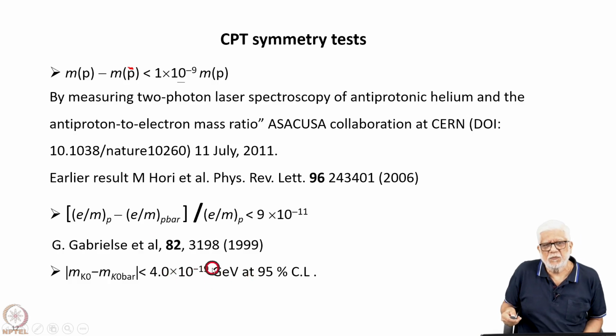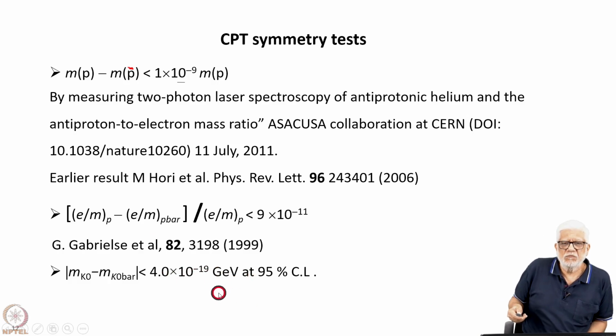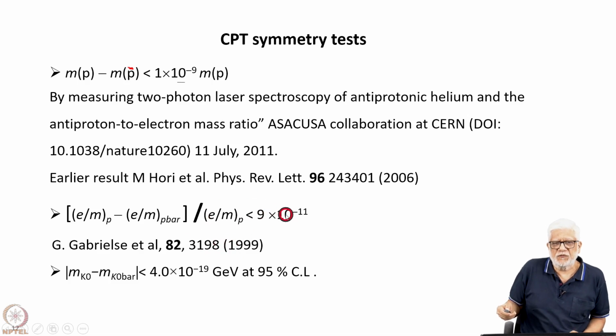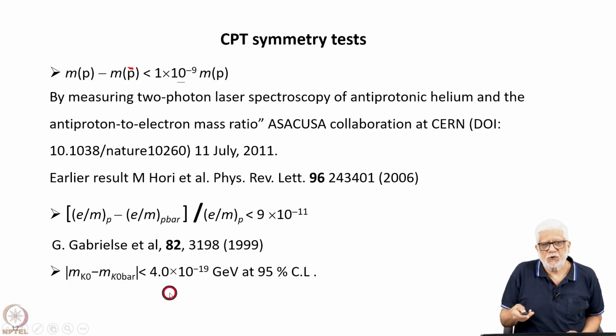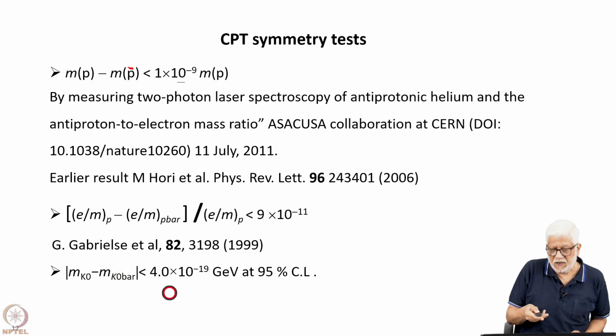So, this bound is also probably better than the bound that you get here, or these are of course different numbers, this is a ratio, whereas this is an actual absolute mass difference. Anyway, these are the bounds that exist in the literature.